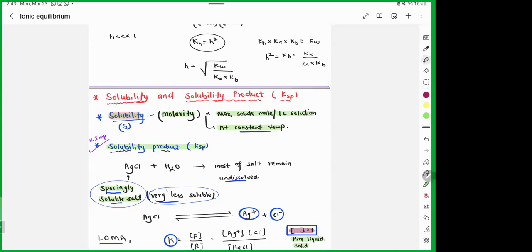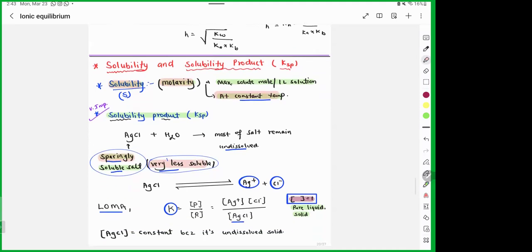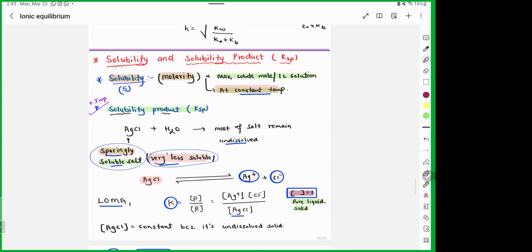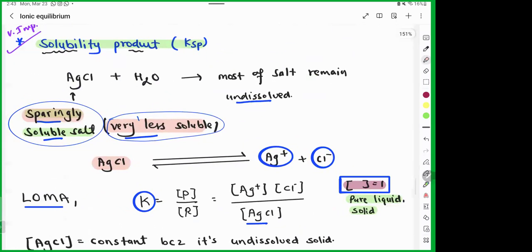Solubility means molarity. Solubility product we use only for salts that are very less soluble and at constant temperature. For example, if you take AgCl, you break this into Ag positive and Cl negative ion. You know for pure solid and liquid, concentration value is equal to 1. AgCl is solid, its value will be fixed.